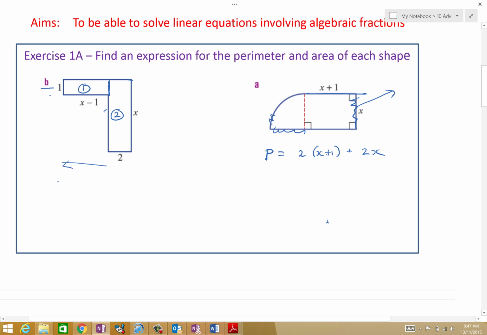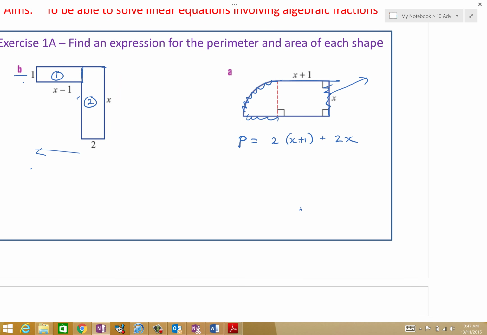And we need to find the curved surface. What can you say to me about that shape? That's what? A quarter. Yep, the circumference of a quarter circle. So, what's the circumference of a circle in terms of the radius? 2 pi r. Now, we don't have r as such, it's called x in this case. So that is equal to a quarter of a circle times 2 pi r, or 2 pi x.